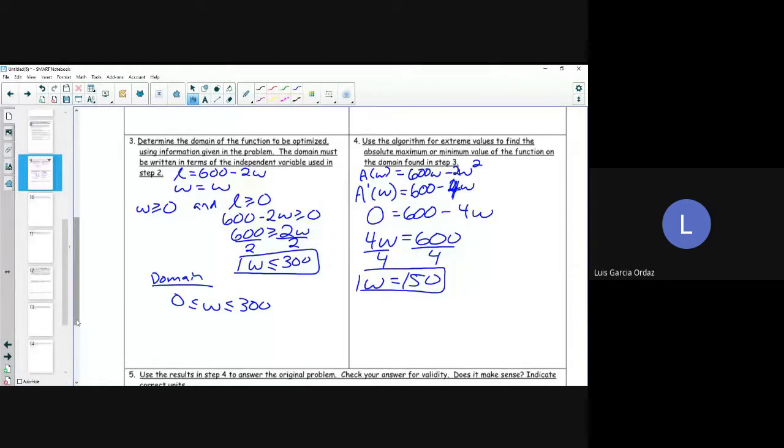So does w equal to 150 work in this case? Does it fall within my domain? Yeah. So this falls within my domain.